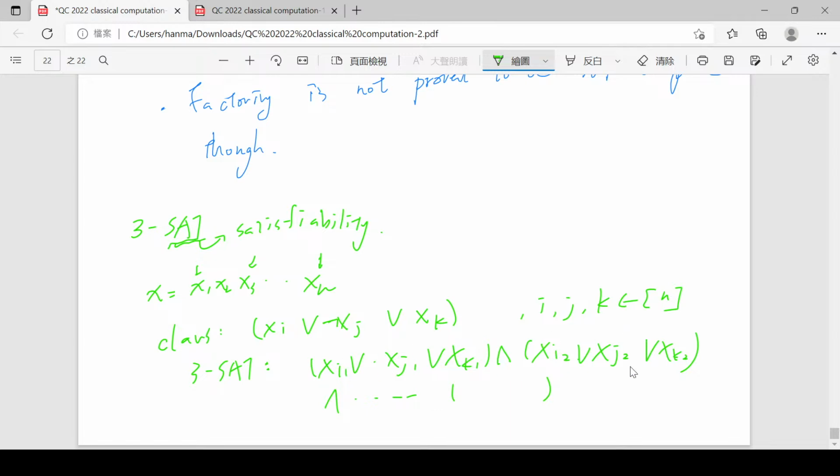You can calculate the AND/OR between all those literals, and you want to see whether this equals 0 or 1. So that's the problem.